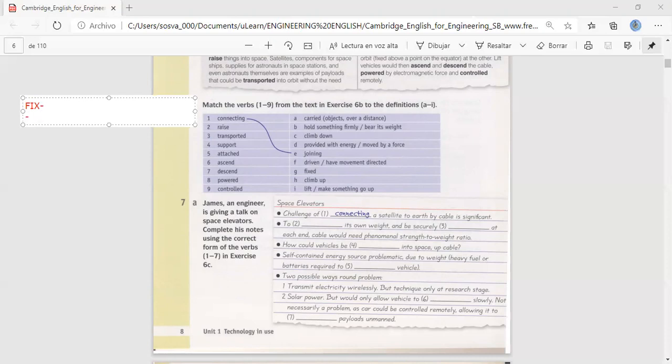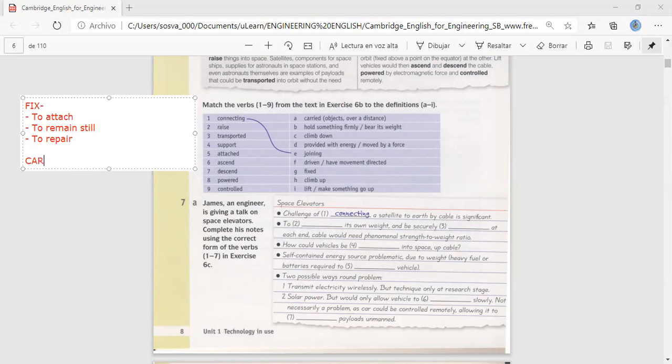The first one could be to attach. The second one is to remain still. And the last meaning or synonym is to repair. When you say I need to fix the bathroom, I need to repair it.